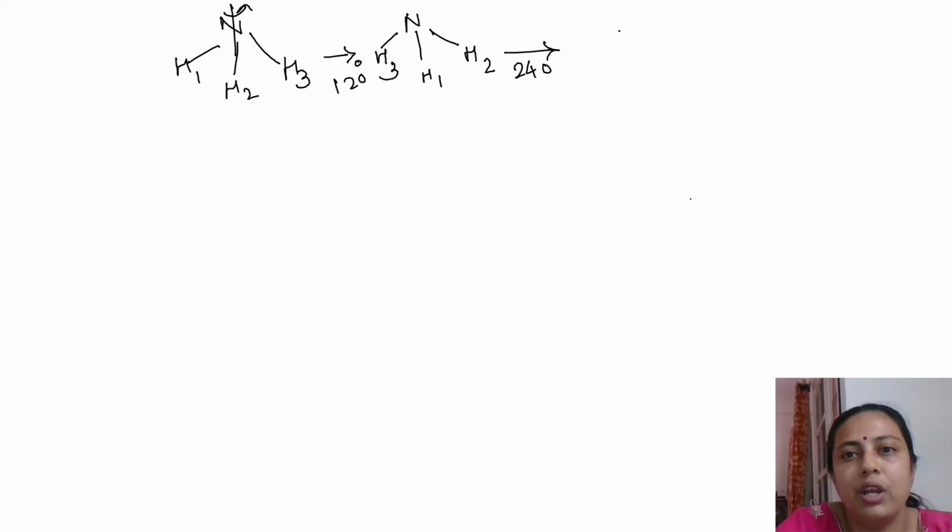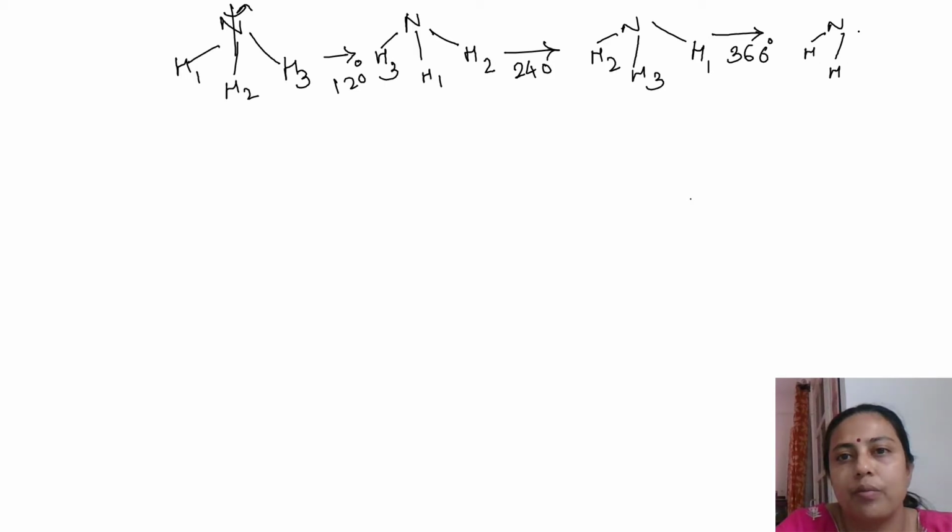Similarly, a 240-degree rotation will produce H2, H3, H1, while a 360-degree rotation will produce H1, H2, H3.